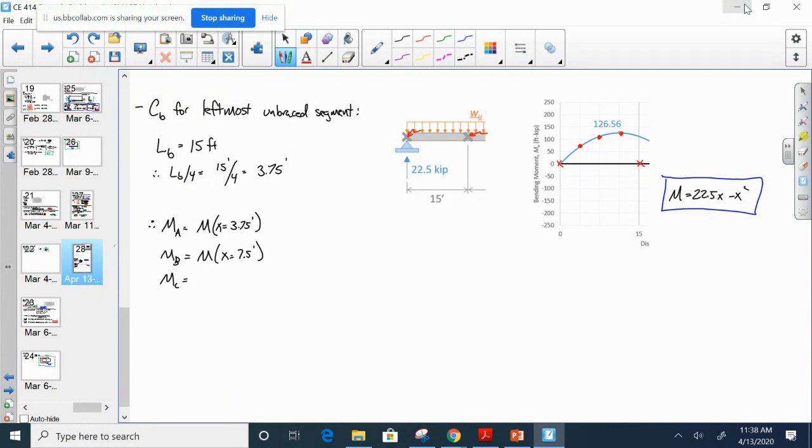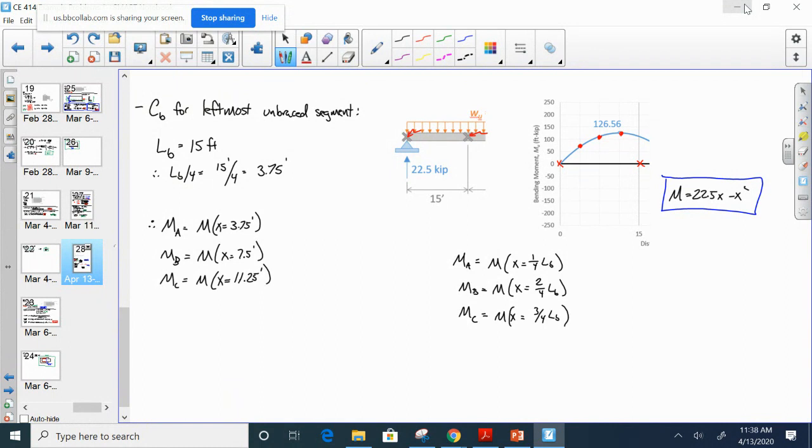And MC is M at x equals 11.25 feet. All I'm saying is MA is M at x equals 1/4 LB, MB is M at x equals 2/4 LB, and MC is M at x equals 3/4 of LB.